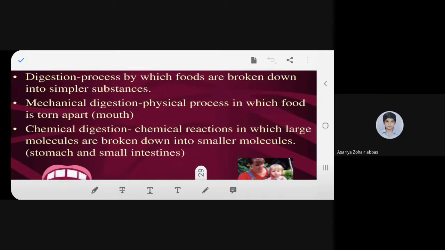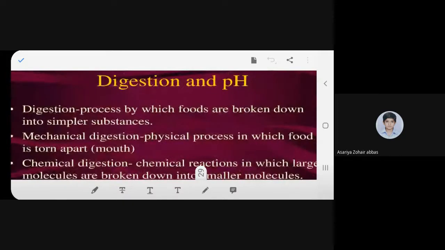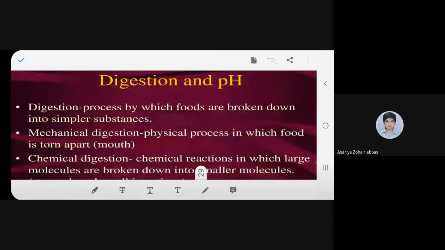Whatever you read, you understood. What is digestion? Now, let's do it one by one. We are going to find out how pH is related to digestion. Digestion is the process by which food is broken down. What we take in the mouth is a complex food. But when we are chewing it, we are mixing it with saliva, and the digestion starts in the mouth itself with the help of saliva.